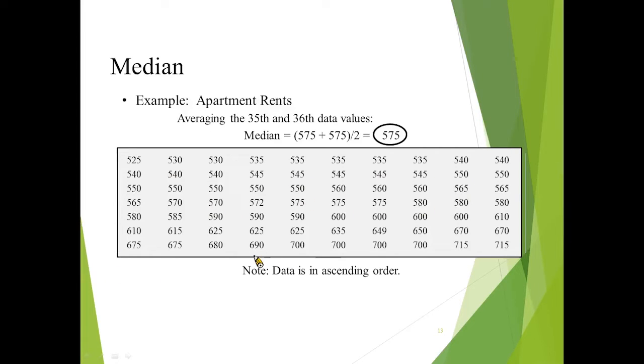Now maybe you say this is not very easy if you have more than 100 observations, since you need to do the ascending order. But now I have SPSS, this kind of software, which can do it for you. You don't need to put the data in ascending order.